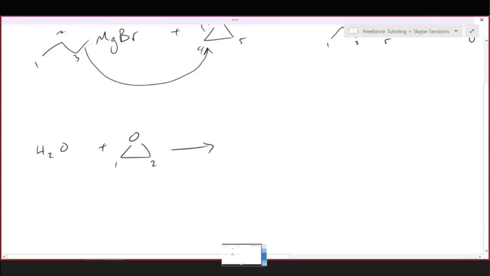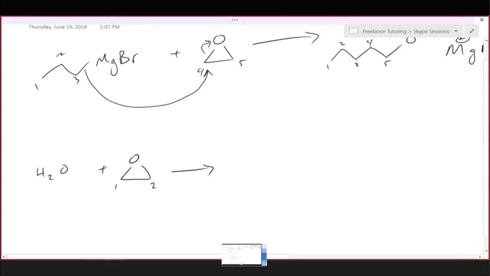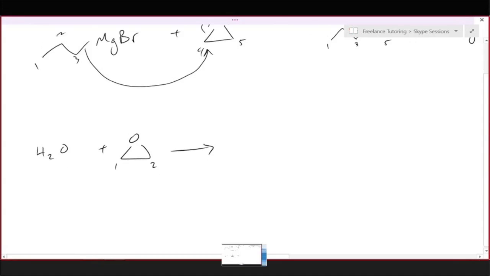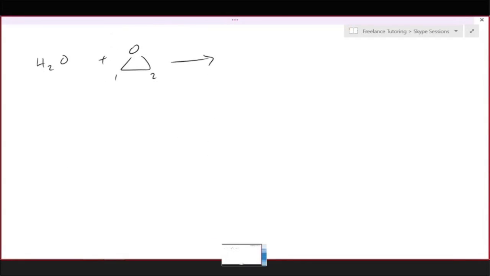It seems like the Grignard would be more reactive because it is a stronger base, or it has basically the equivalent of a negative charge on that carbon. But H2O seems like it's not very strong. I'm not sure that it would cause a reaction with an epoxide.